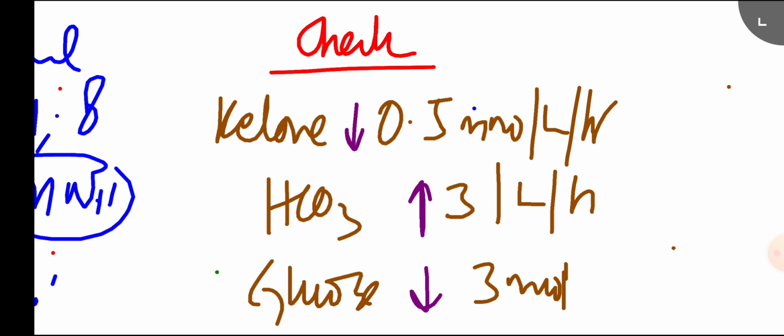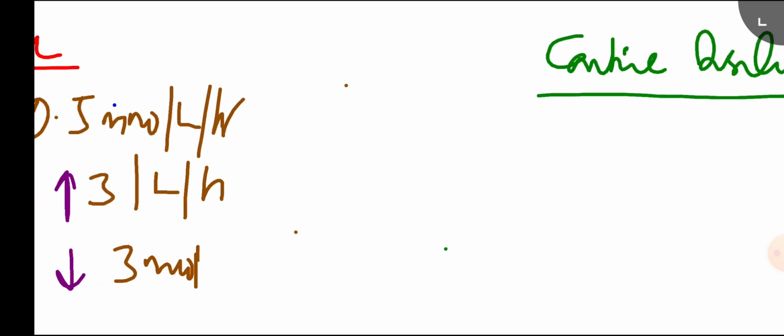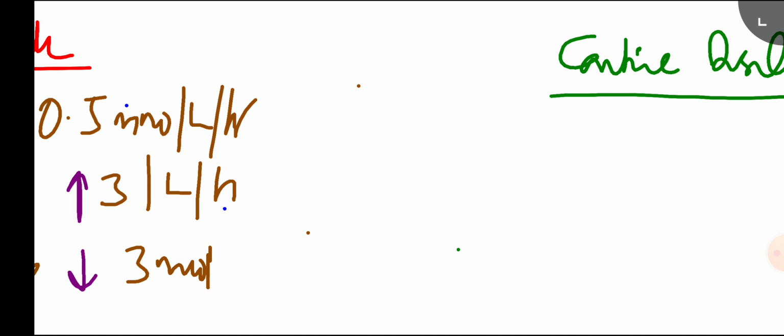This means that you are going in the right direction. If not, then you need to increase the dose of the insulin. How are you going to increase the dose? You need to increase it by 1 unit per hour.